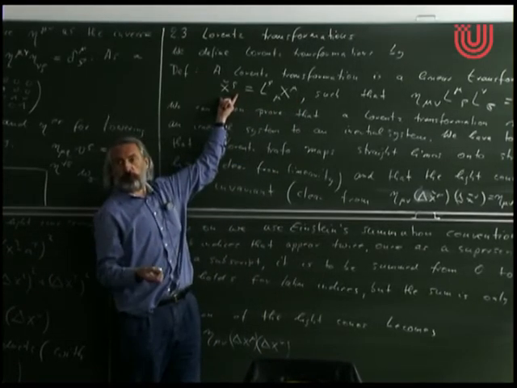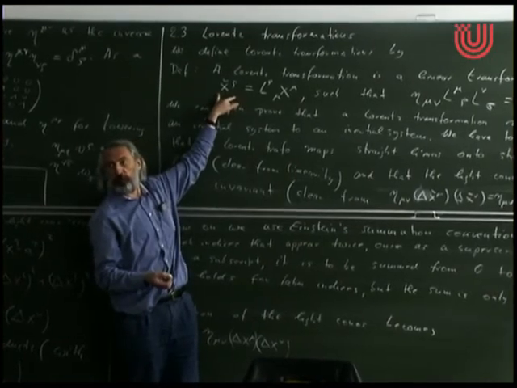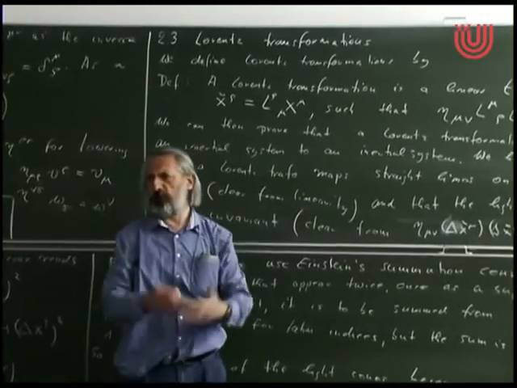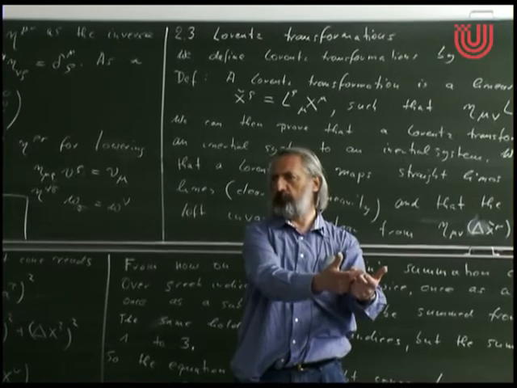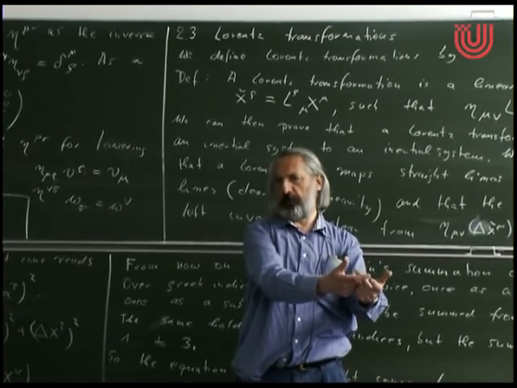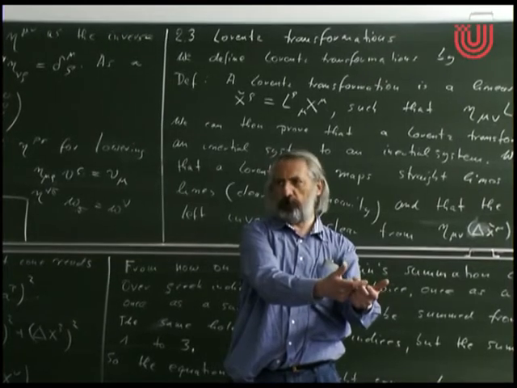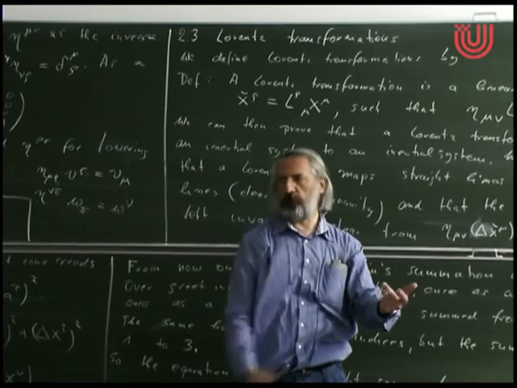So the origin of this coordinate system is the same as the origin of this coordinate system. But the origin is completely arbitrary. I can choose it wherever I like, right? So I could just shift the origin in space-time to any other point. Then I get a bigger group of transformations. They're called Poincaré transformations, which add to the Lorentz transformations just a shift of the origin.